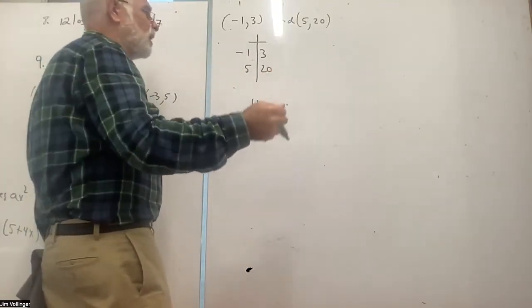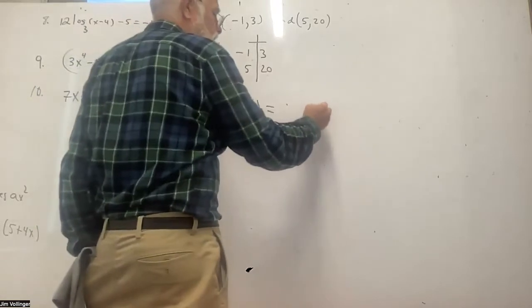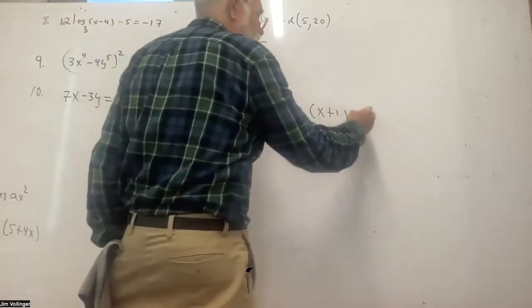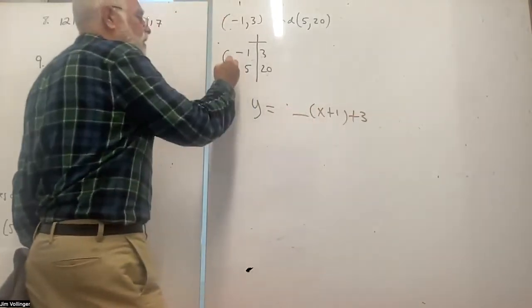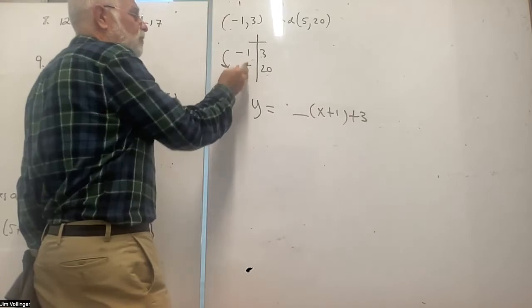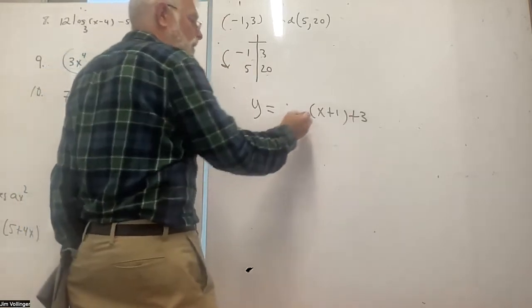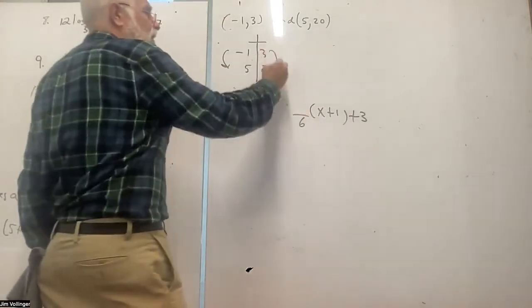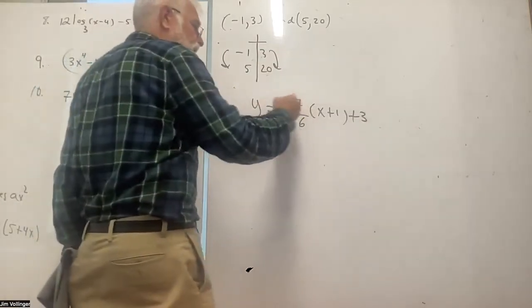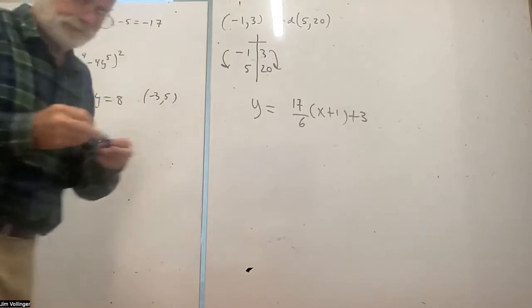You pause and you try. For -1, I got x plus 1. Get rid of that number. I want 3, so I write 3. Change in x from -1 to 5: I'm going up from -1 to get to 5. How much am I going up? 6 units. How do I get from 3 to 20? I have to go up 17 units, and that was that answer.